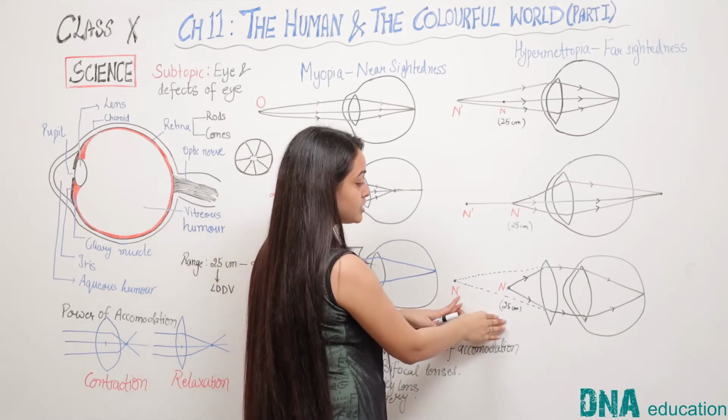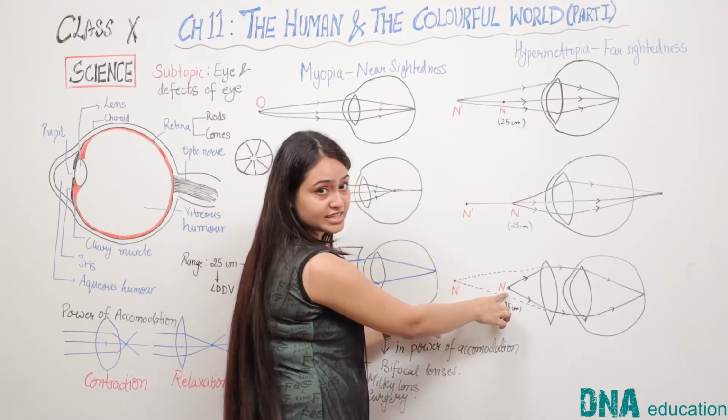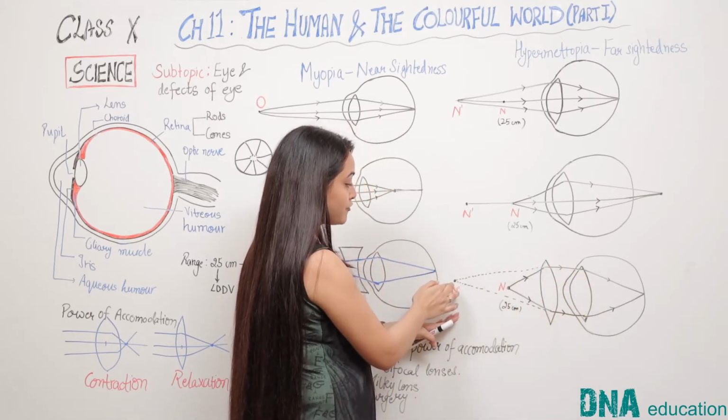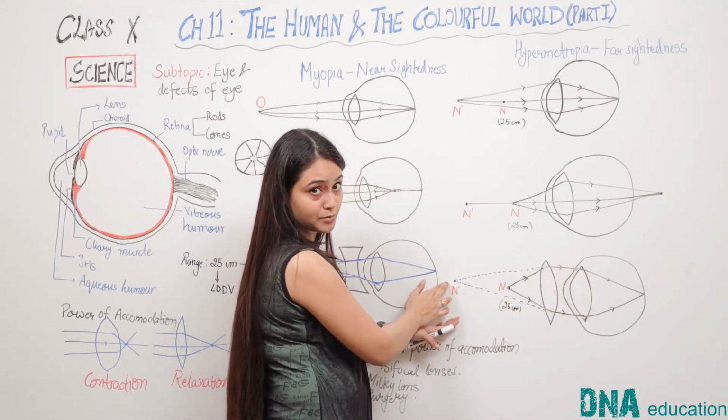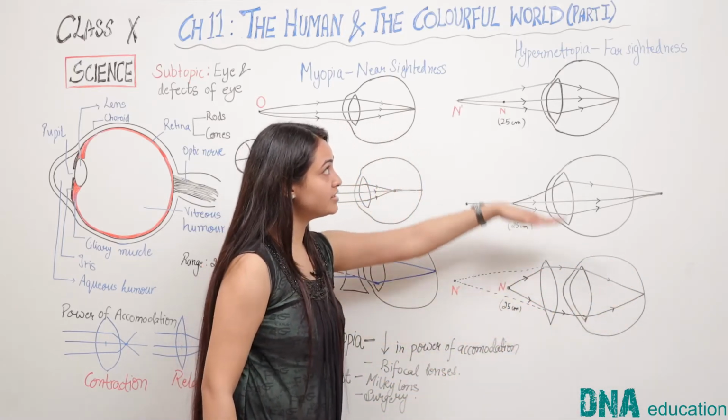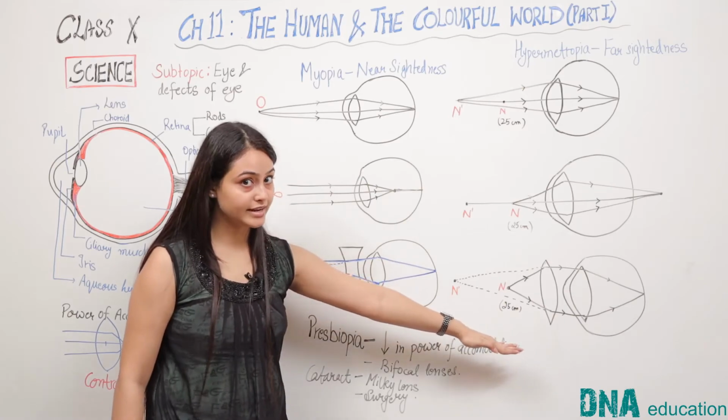So again this is an illusion that we are keeping the object at 25 centimeter but eye is perceiving the image of this object on its near point and then focusing it on retina. So in this way the hypermetropic eye is corrected.